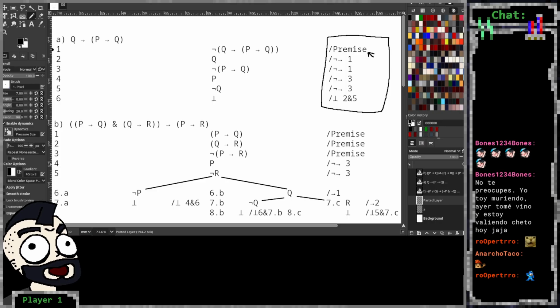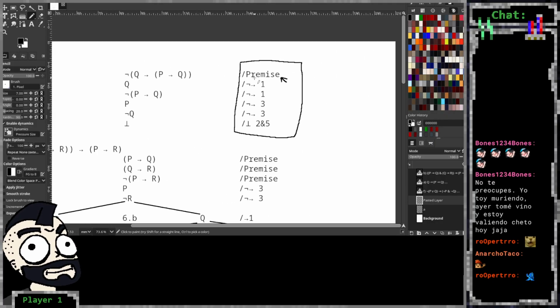So I was saying, yeah, we want to see if there's a counter model. We want to see if there's a way of making this formula false and be consistent. So we start by negating, and this is justified by a special rule that's called premise. The premise rule is weird because it just basically means manual input. Premises are not present in the pure logical first order or propositional logic system.